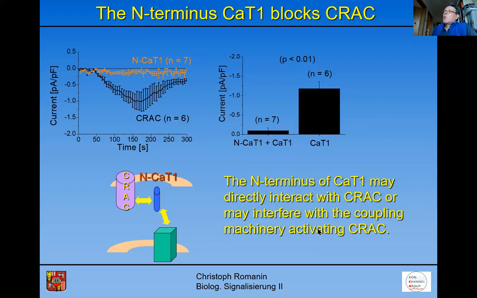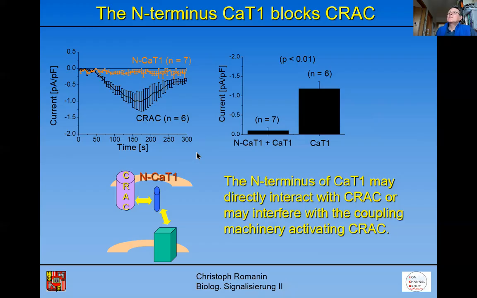The N-terminus of CAT1 may directly interact with CRAC channels or may interfere with the coupling machinery. That's not fully clear, but the more direct conclusion would be that it directly interferes with the establishment of a functional CAT1 channel.